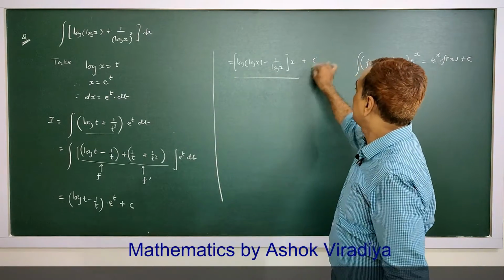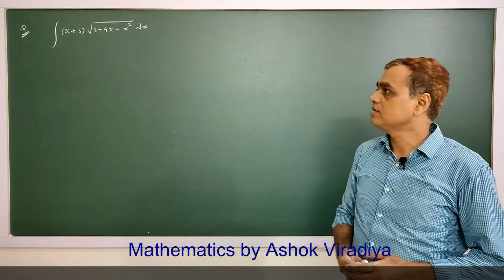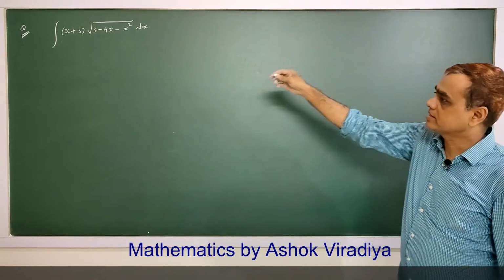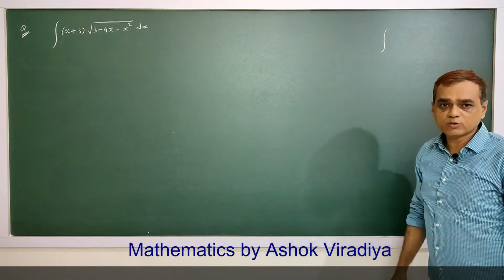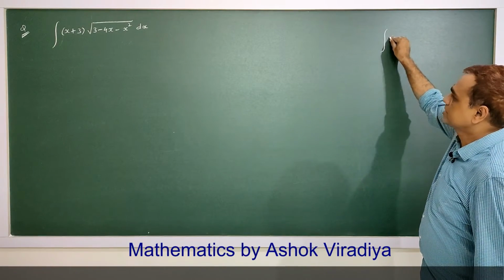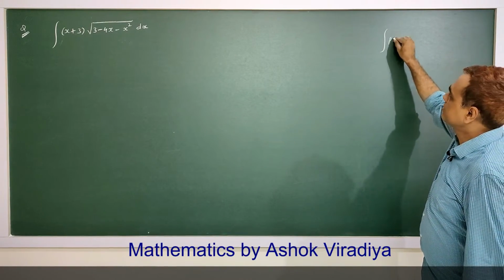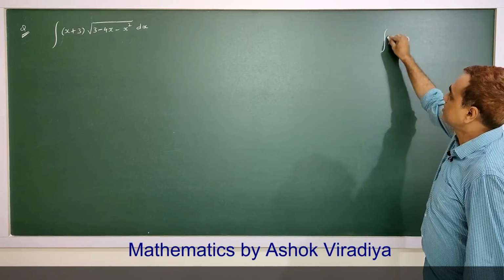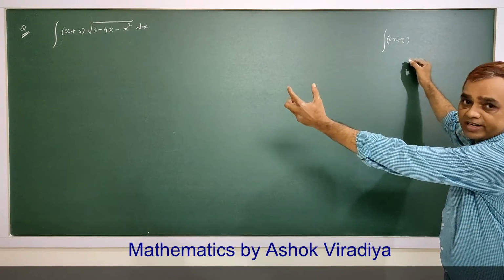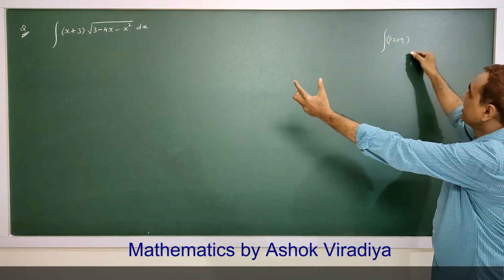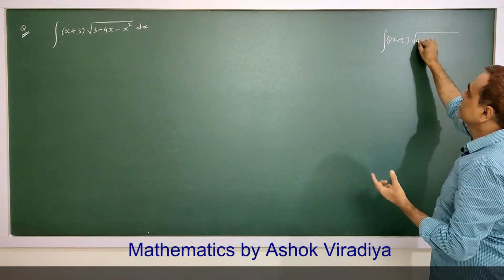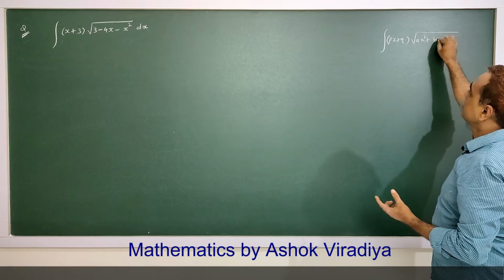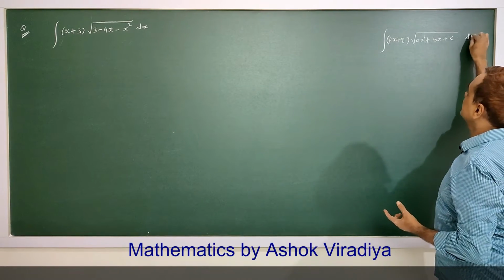This is the required integral. Now see here a pattern: if this type of integrand is given, first a linear part px plus q, the first bracket contains a linear polynomial, and under the square root radical sign ax square plus bx plus c is given.